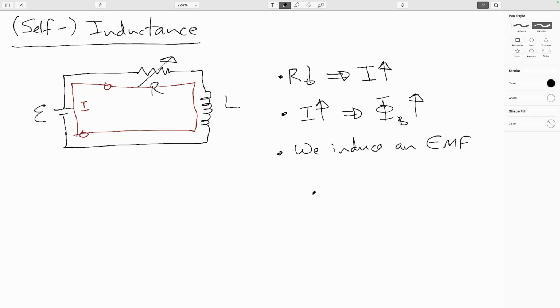And in order to make sure that we don't create a perpetual motion machine of the first kind, a machine that can run forever and do work, we will need it to be such that the polarity of the induced EMF is such that it will oppose the change in current.